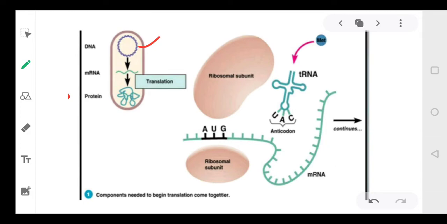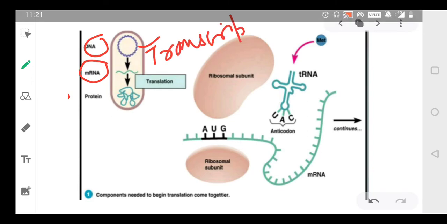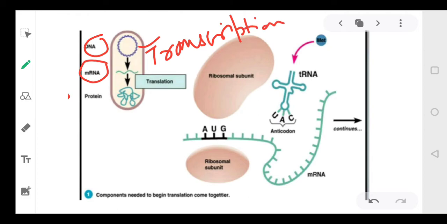From DNA, mRNA will be produced, and this process is called transcription. We have talked about it in detail. Now from this mRNA, proteins will be made. The process of making proteins, of making amino acids from the mRNA, is named translation.